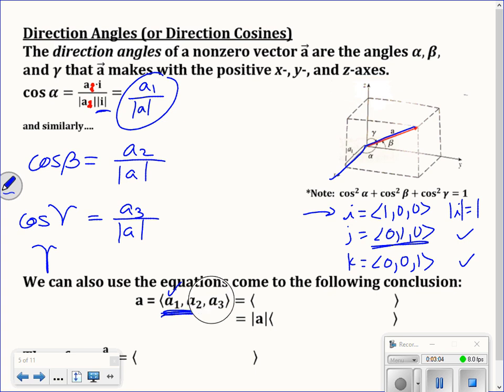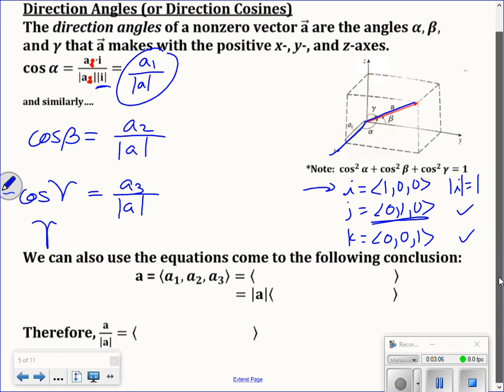So notice also what can happen here in a different situation. If I want to find a1, a2, and a3, notice they're sitting right here in my formula. If I wanted to, I could just bring this over here and bring that over there and bring that over there, right?